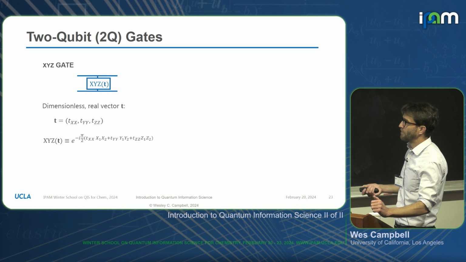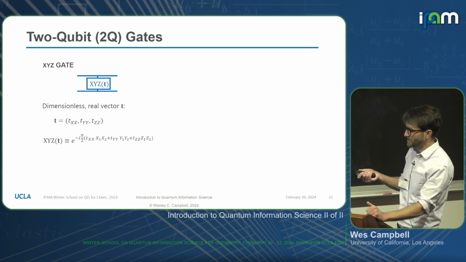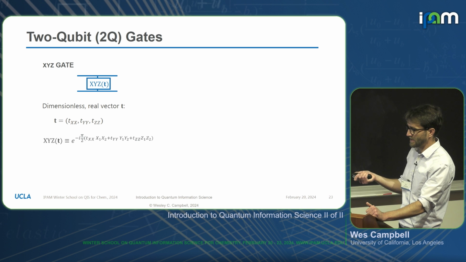And we will parameterize this with a dimensionless real vector t. So I have three components, txx, tyy, and tzz. What the XYZ gate does is it performs this rotation. This is my definition for what the XYZ gate does. So depending upon the value of t, you will get some evolution operator or another, okay?